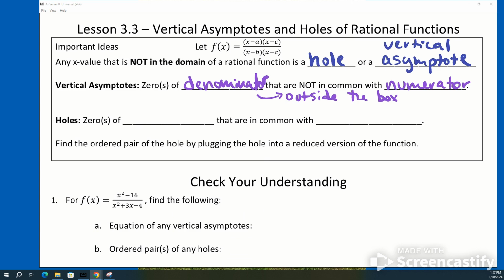And then holes are going to be the zeros of the denominator that are in common with the numerator, or inside the box.